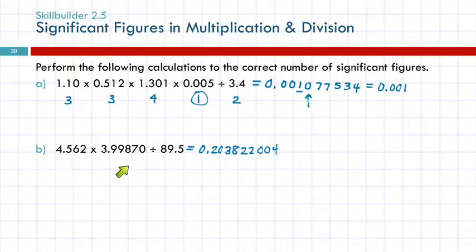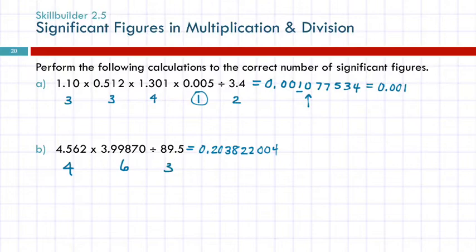We need to figure out which of these has the smallest number of significant figures. How many does the first one have? 4. How many does the second one have? 6. Do you actually have to count them all? Not really. You can look at that and say, well, that's more than 4, so we could just not worry about that one. And this one has 3.